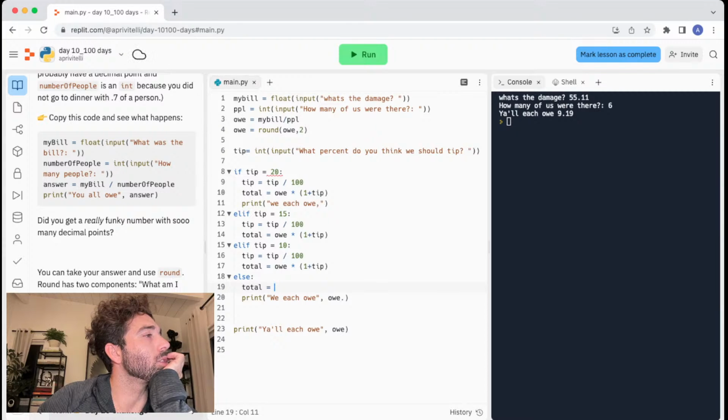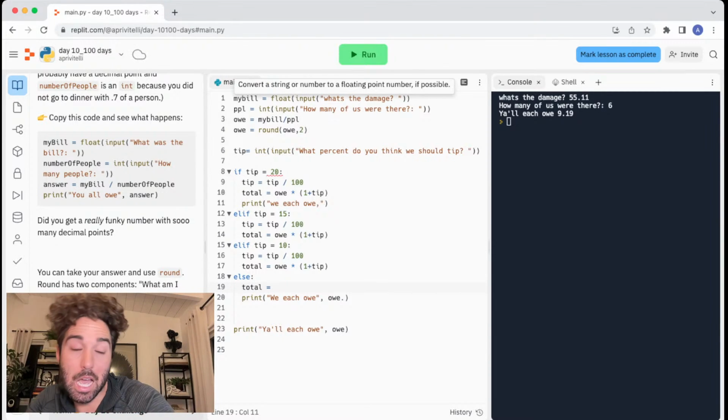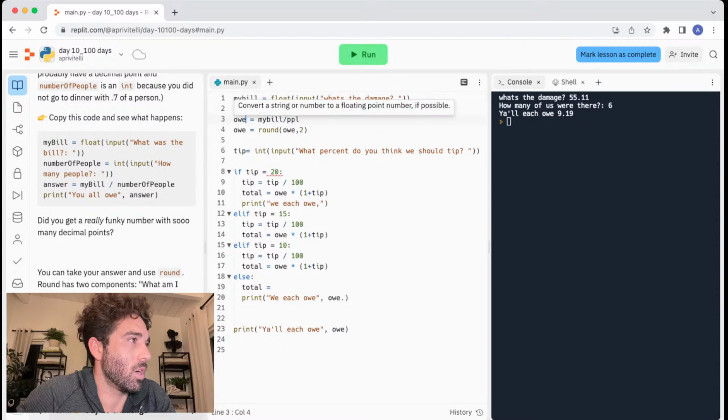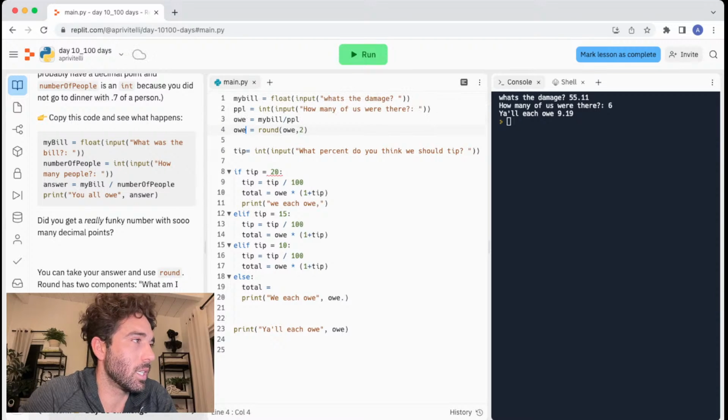My bill divided by tip total equals... I'm all over the place right now. I forgot I already had this. So my bill, people, O, okay, and then that's O rounded.